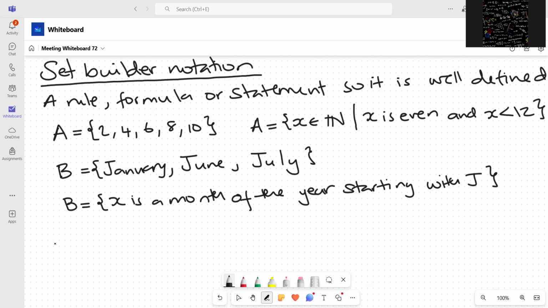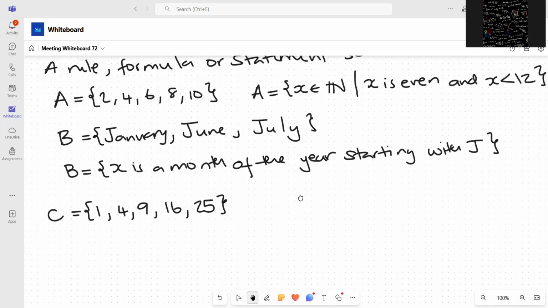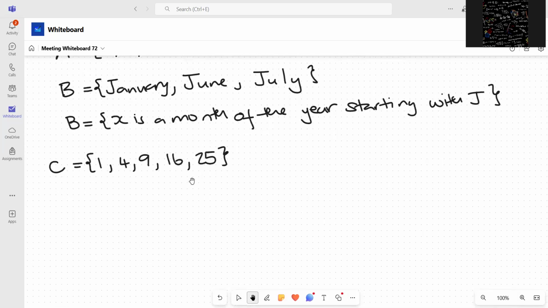Then another one, let's say C, it has these numbers 1, 4, 9, 16, and 25. Okay, so we have these 5 elements. We can see that these are all square numbers. So in set builder notation, we can say C is equal to, it is of course a natural number. All of these are natural numbers.